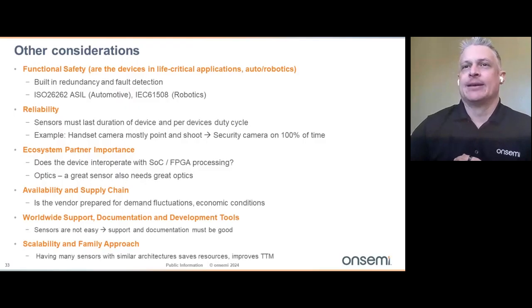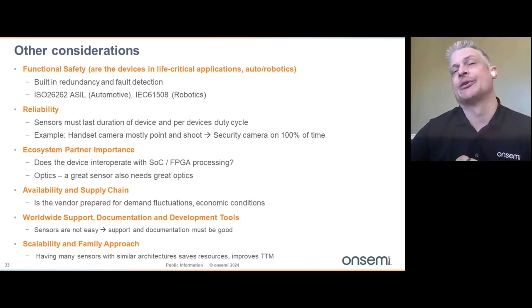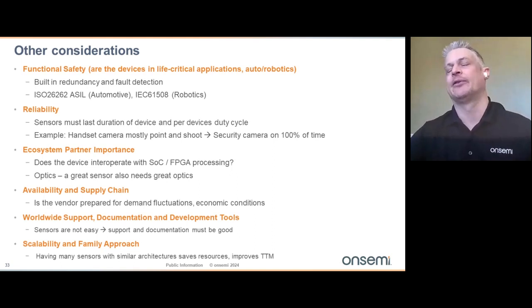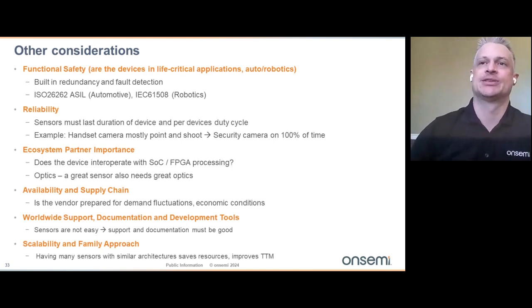All right, so last thing here, just other considerations, and this is quick, I'll wrap it up, and then we'll get to hopefully the Q&A session here. The other considerations are things like functional safety, sensors in life-jeopardizing type applications, automotive being one, right? So you may build redundancy and fault detection into the actual sensor.